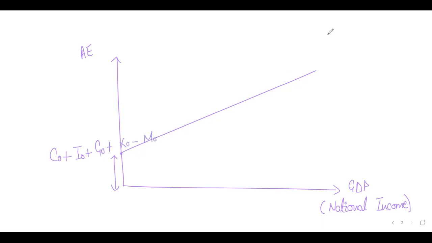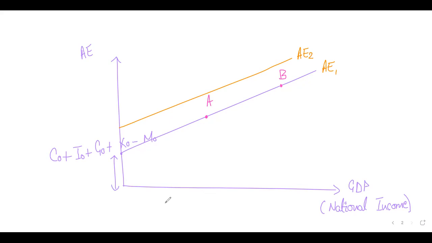Now the question is saying a movement up the curve. It's not talking about a shift. Isha, what you just answered was assuming that there is a shift. That is why the wording is so important. Let's say this is AE1, aggregate expenditure line 1, and this is AE2, aggregate expenditure line 2.